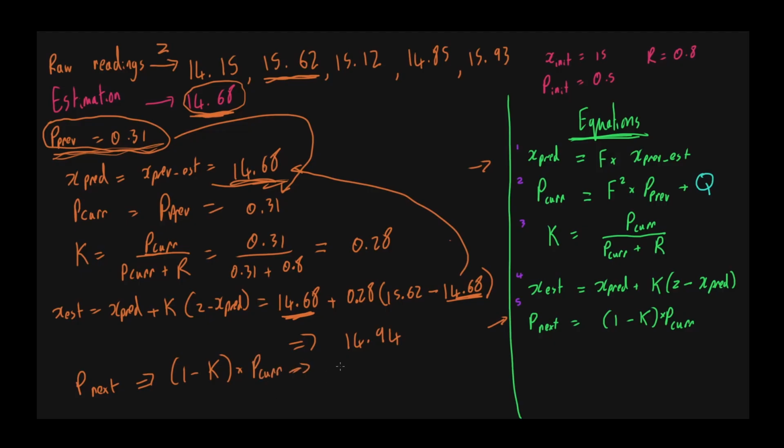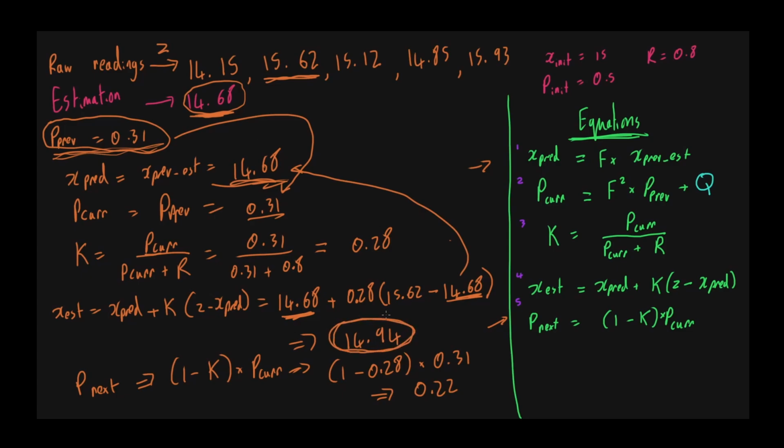Current, and that equals 1 minus k. Our k is our Kalman gain, remember, and that is 0.28 multiplied by p current, and remember p current is what we calculated here, 0.31, and that goes to 0.22. So again, we're just going to keep track of this variable here.